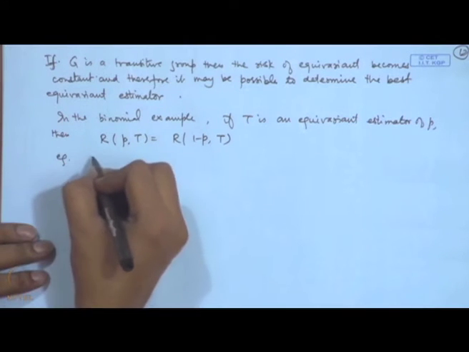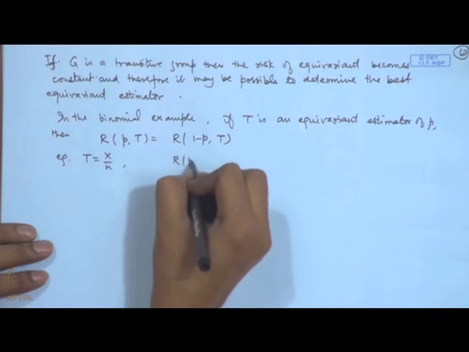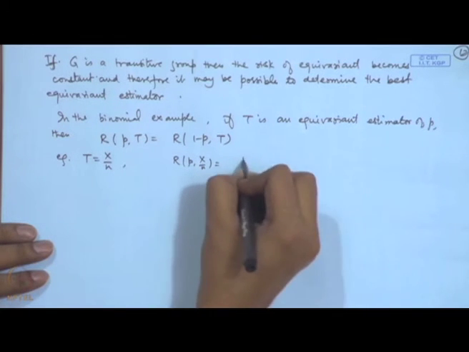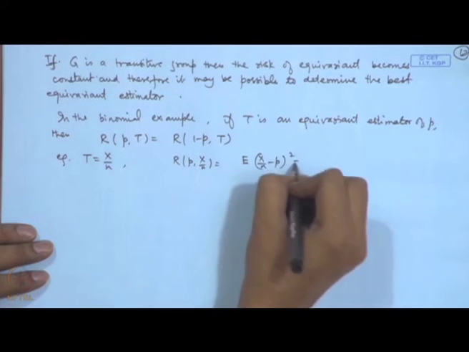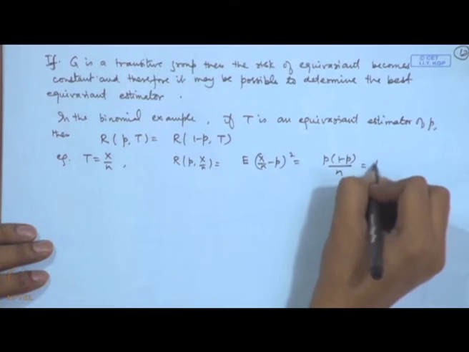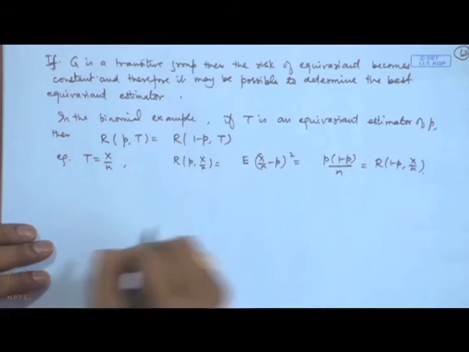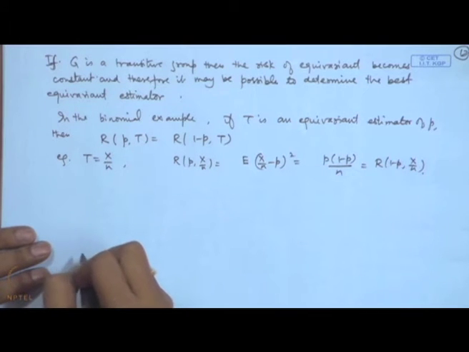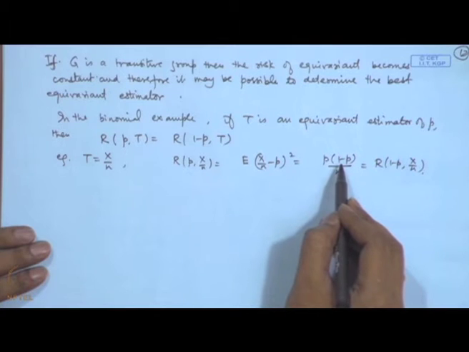For example, if I take T is equal to x by n, then what is the risk of x by n? That is expectation of x by n minus p whole square, that is nothing but p into 1 minus p by n, which is same as R at 1 minus p of x by n. But this is not free from the parameter.